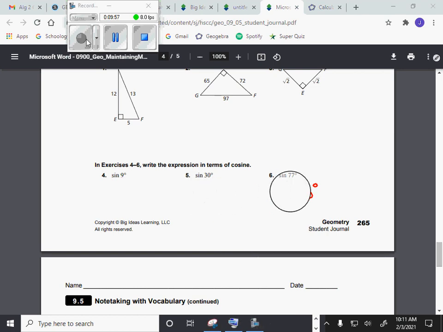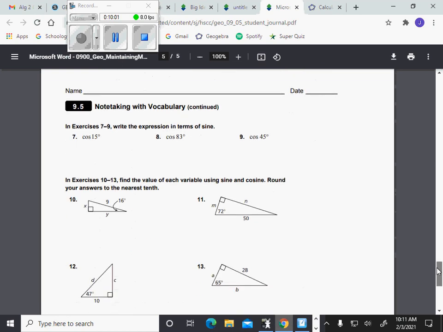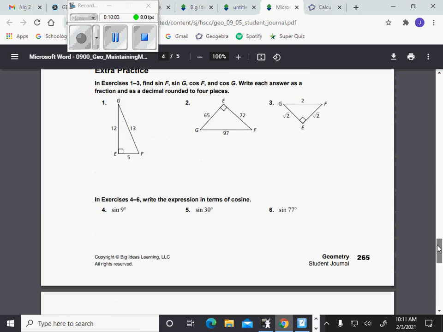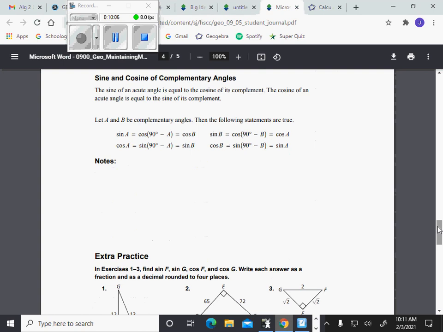Number 7, down here: the cosine of 15. Going back up here, the cosine of 15 is equal to the sine of 90 minus 15, which is the sine of 75.